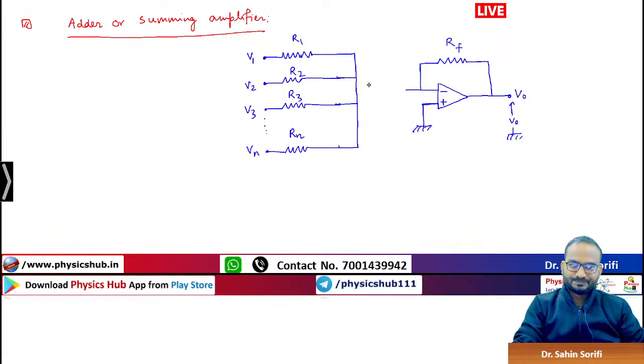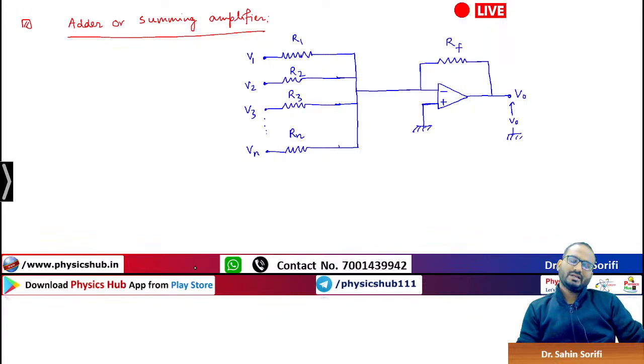They are connected to each other in this way, and is further connected to this. So what has been done? In the inverting amplifier, we had only one resistance, but here multiple resistances and voltage sources.